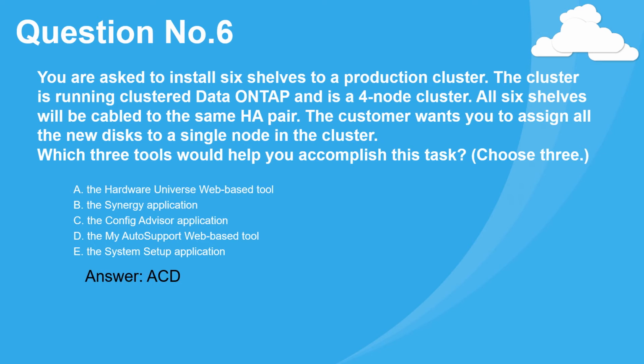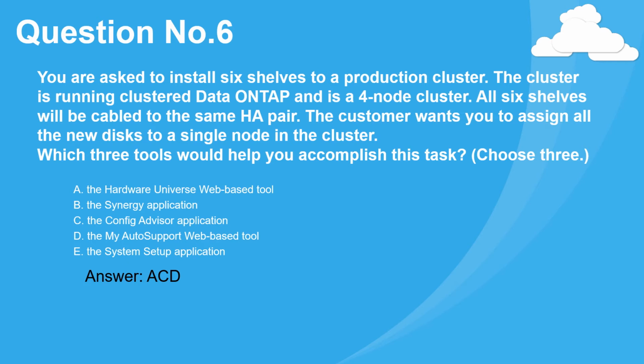Question number 6. You are asked to install 6 shelves to a production cluster. The cluster is running clustered Data ONTAP and is a 4-node cluster. All 6 shelves will be cabled to the same HA pair. The customer wants you to assign all the new disks to a single node in the cluster. Which three tools would help you accomplish this task?